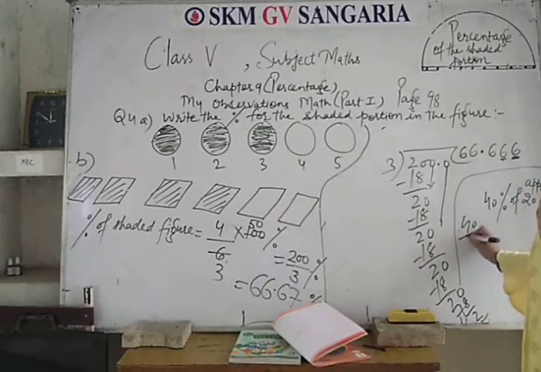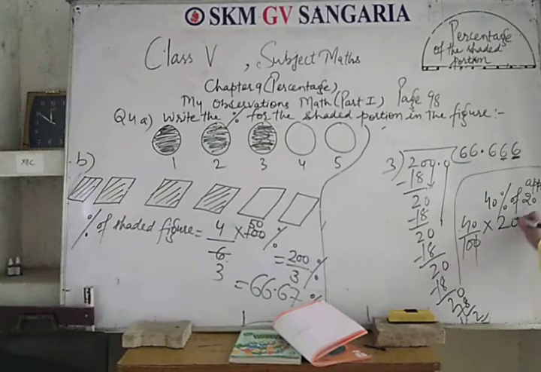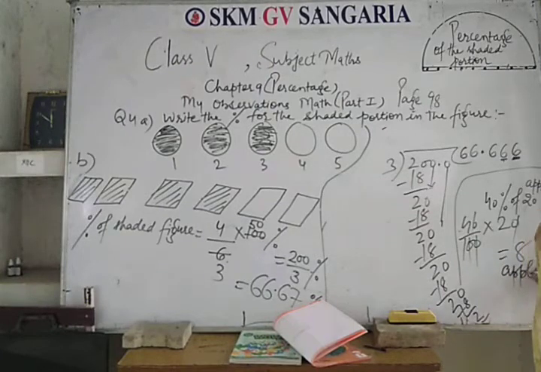In place of percentage we write 100, and of means multiply, into 20. Cut the zeros. So it means 8 apples. 40% of 20 apples is 8 apples.